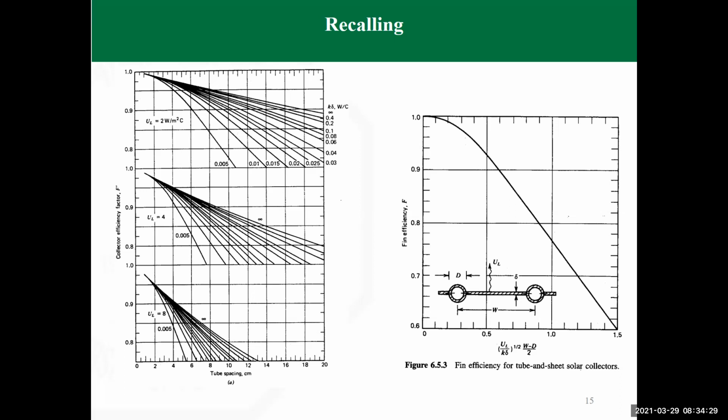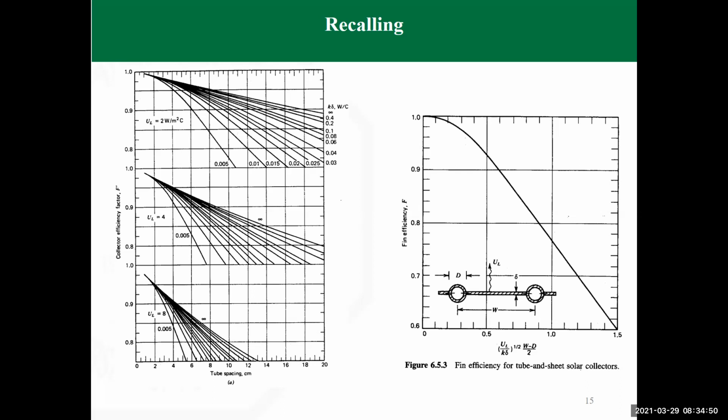If we look at this as a fin, the tip of the fin is exactly in the middle between them, and the base of the fin lies at the tube side. Then we have a couple of additional resistances: the contact resistance for welding, the walls of the tubes, and then the convection resistance inside.